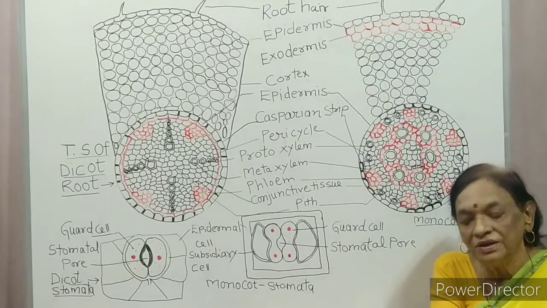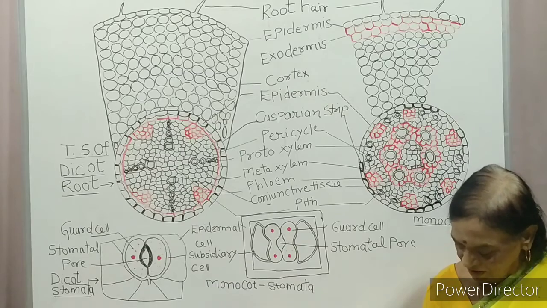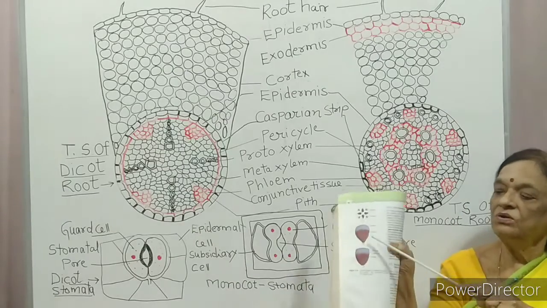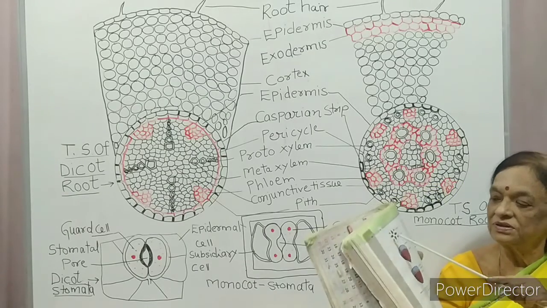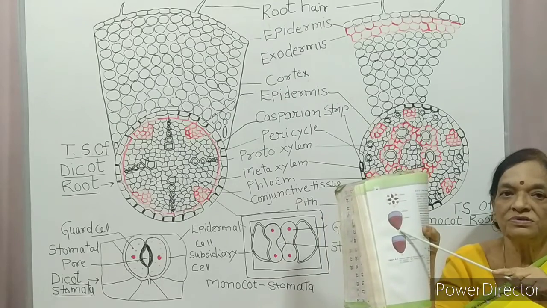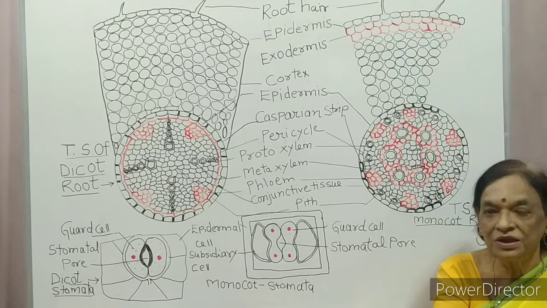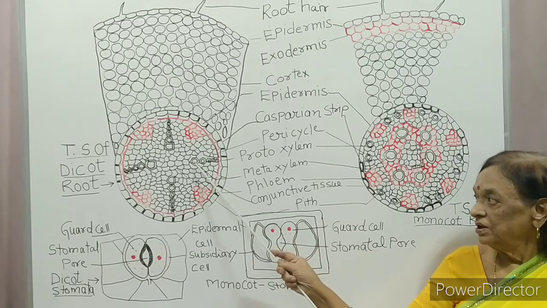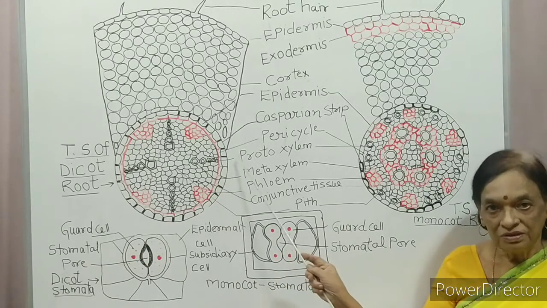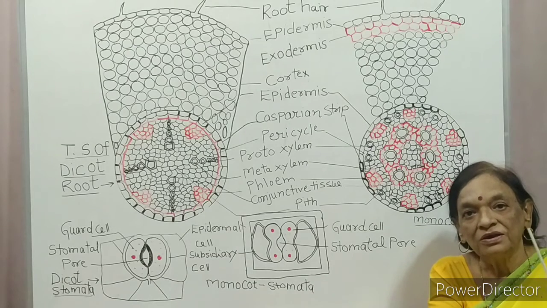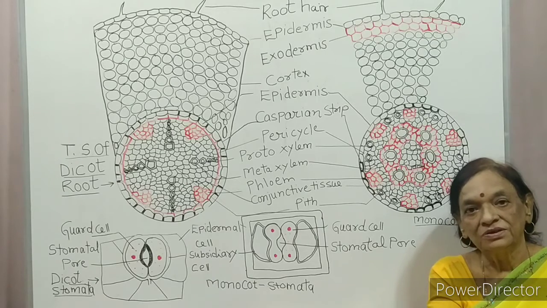That is called radial. Second type of vascular bundle is called conjoint. Look into the book. Conjoint, joining the same radius by phloem and xylem. Here xylem and phloem join the same radius, means this is xylem. Above the xylem is phloem here. So when xylem and phloem occupy same radius, it is called conjoint.